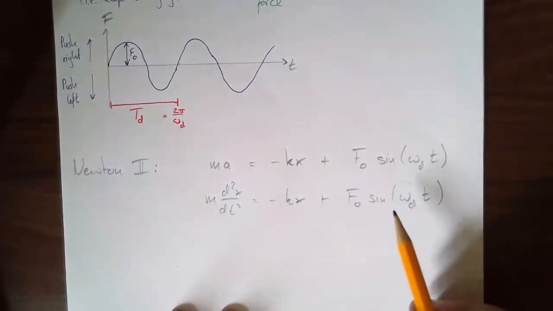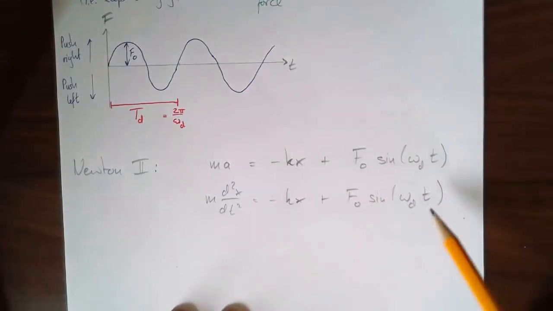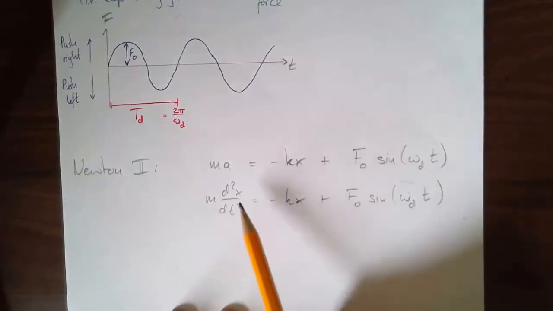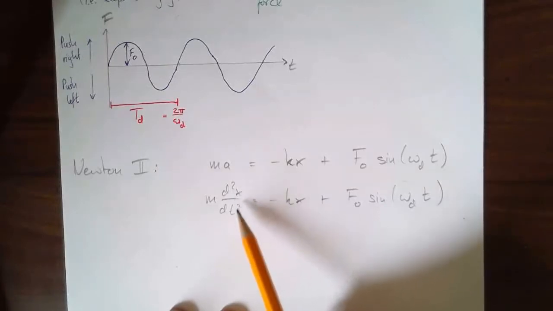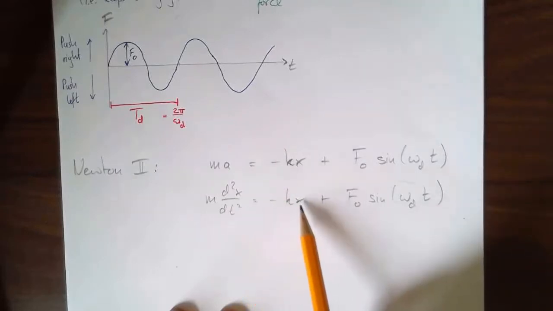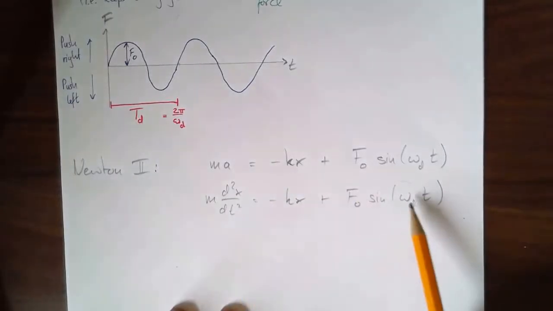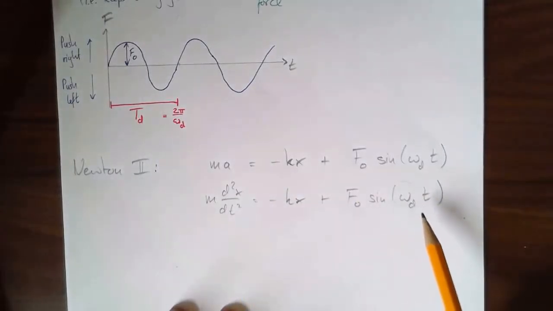This is a time dependence. So now we've got an equation of motion, a differential equation. It has an x for the position, x is a function of time, and the second derivative depends on the position x, but also directly on the time.